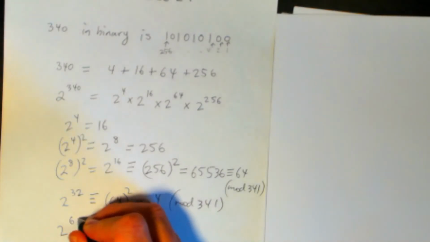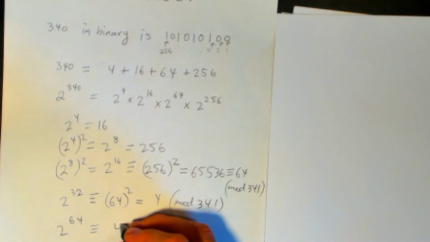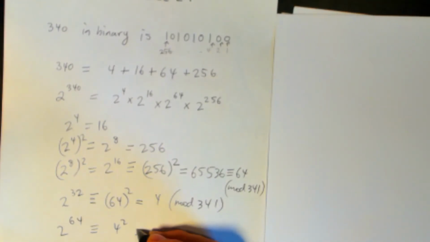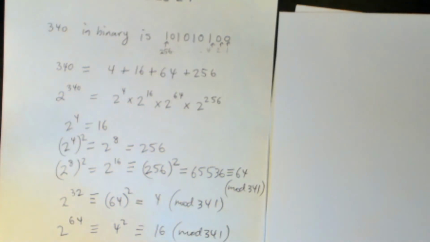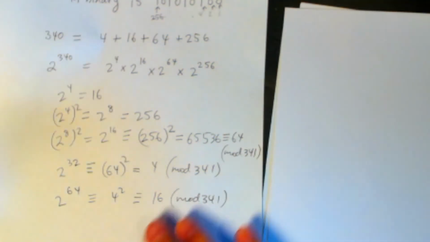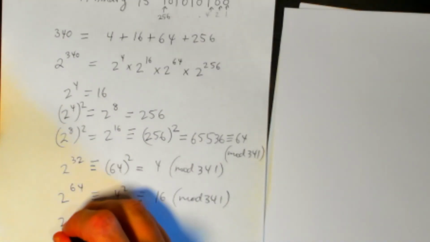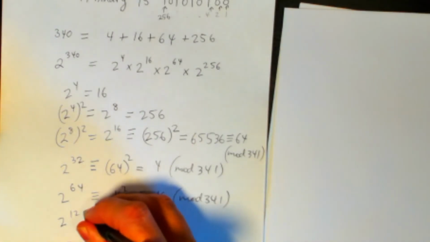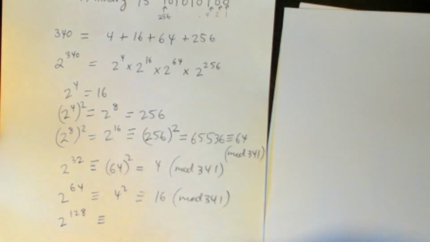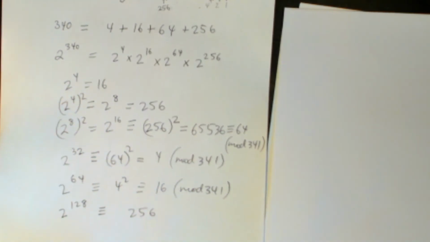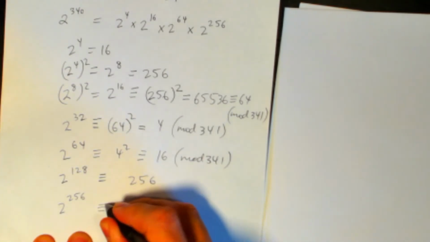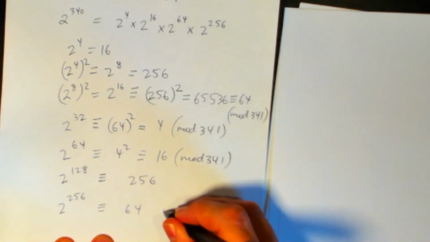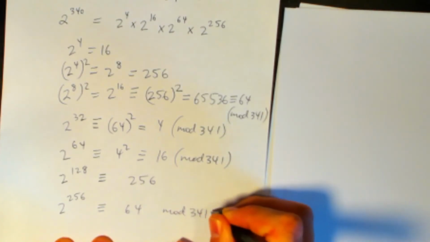Okay, next 2^64 is congruent to 4 squared, which is 16 mod 341. 2^128 similarly will give us 256. Okay, 2^256 gives us 64 mod 341.